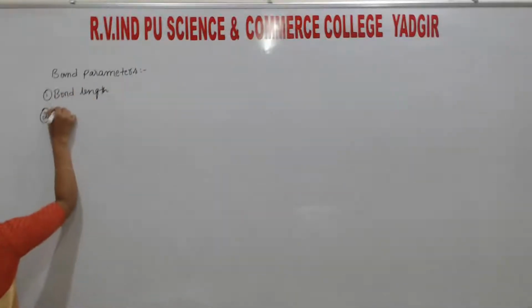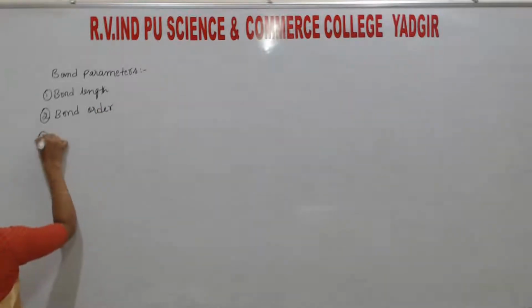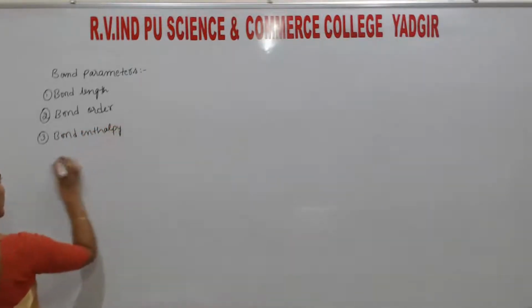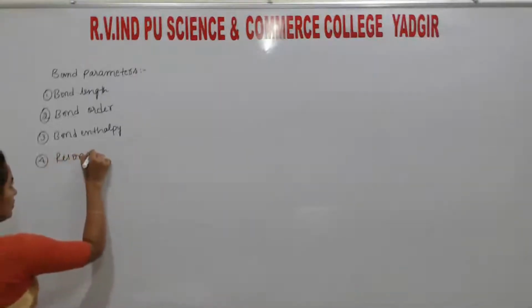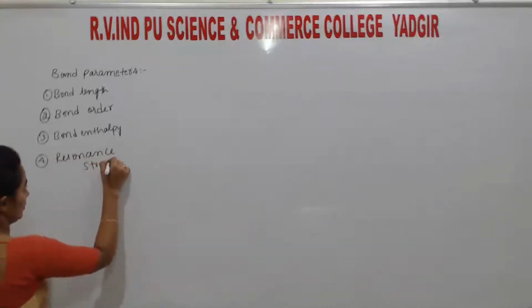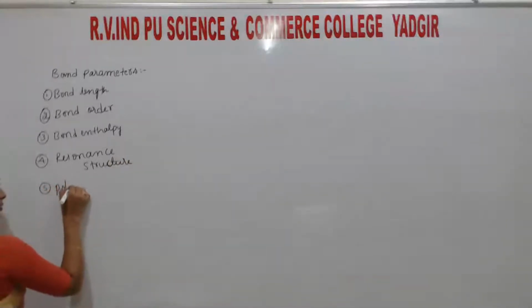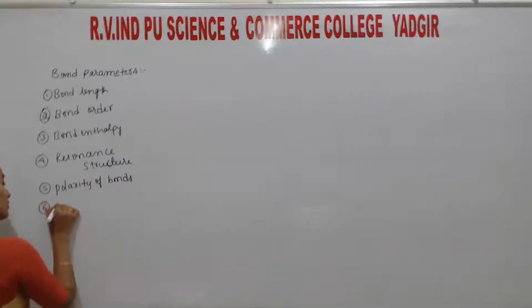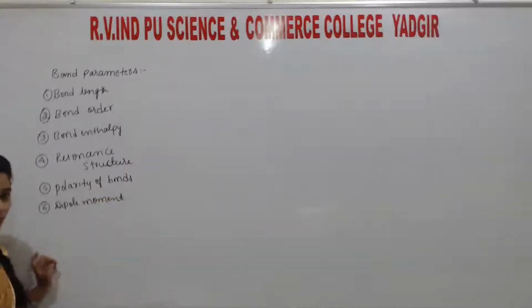First is bond length, then bond order, bond enthalpy, resonance structure, polarity of bonds, and dipole moment.